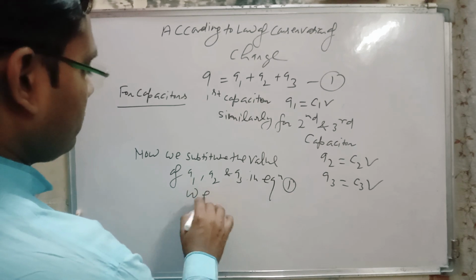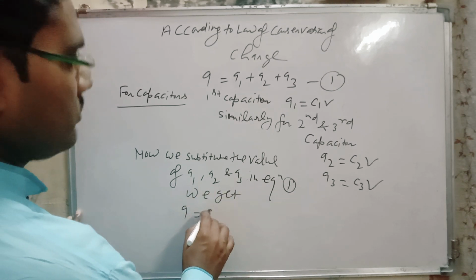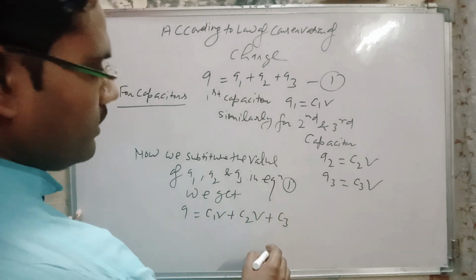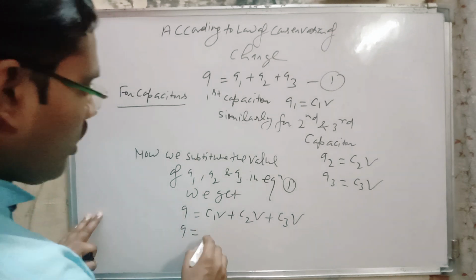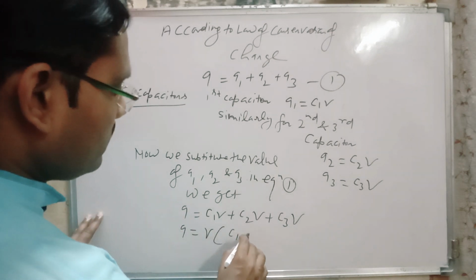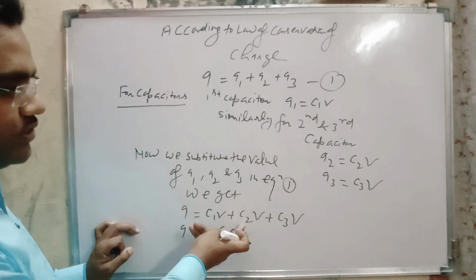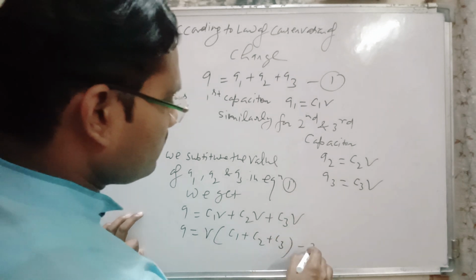We get Q is equal to C1V plus C2V plus C3V. Now we take V common, then we have C1 plus C2 plus C3. This is equation number 2.